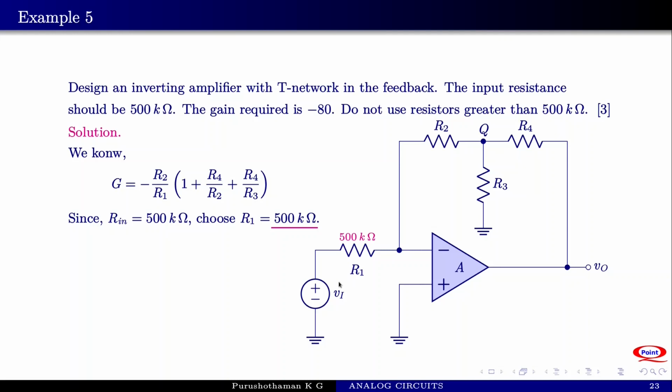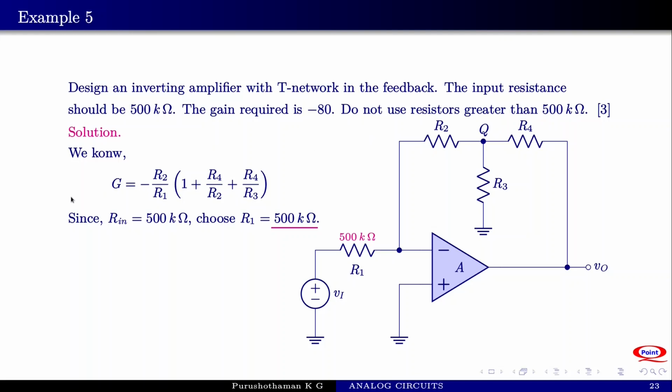Now once we choose 500 kilo ohm, we have to choose the maximum value for R2 because this factor should not be less than 1, should be greater than 1 because the gain required is 80. So the maximum value that you can choose for R2 is restricted by 500 kilo ohms. Do not use resistors greater than 500 kilo ohms.